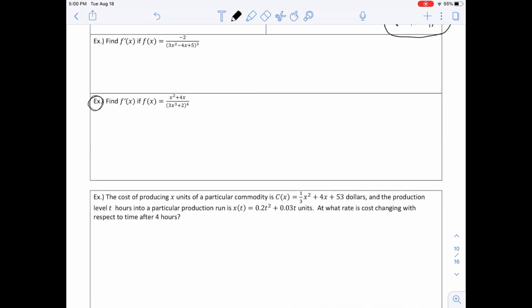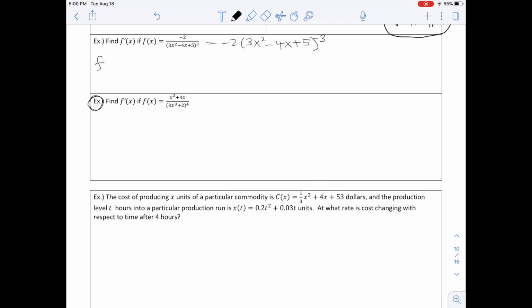The next example says to find the derivative if f of x equals negative 2 divided by (3x squared minus 4x plus 5) all raised to the third power. So first thing I'm going to do is rewrite this as negative 2 times (3x squared minus 4x plus 5) raised to the negative third power.